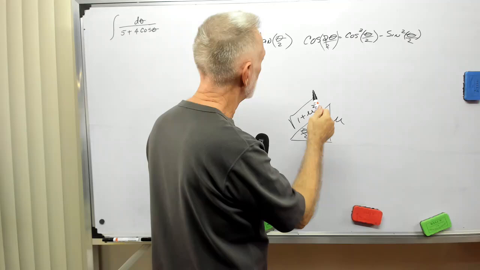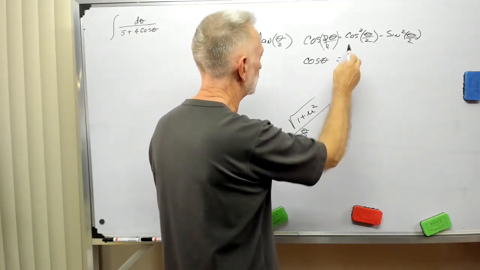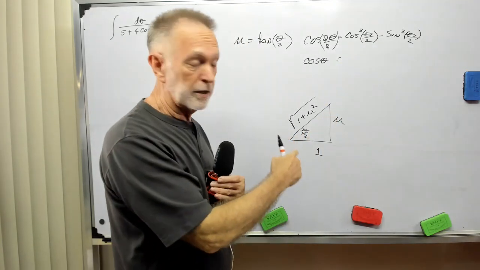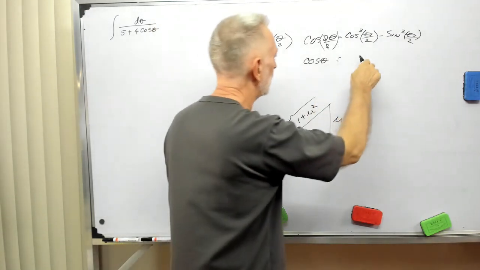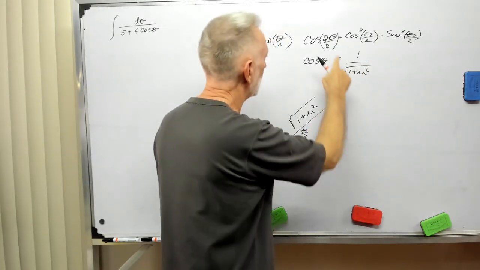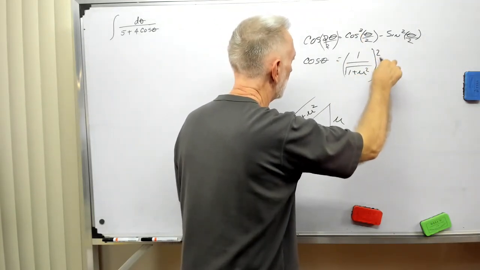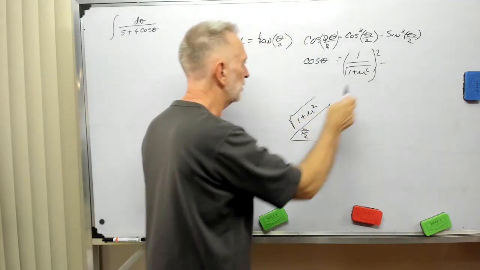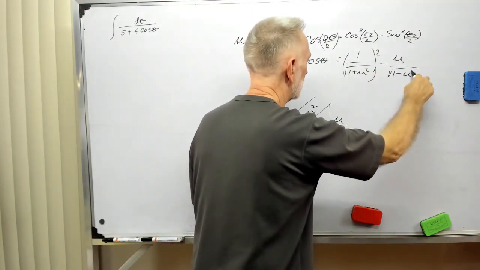Well, all right, so cosine theta equals cosine squared of theta over 2 minus sine squared of theta over 2. So my angle is theta over 2. And cosine would be 1 over the square root of 1 plus u squared, and that's squared, minus sine squared, so sine is opposite over hypotenuse, so that's u over the square root of 1 plus u squared.